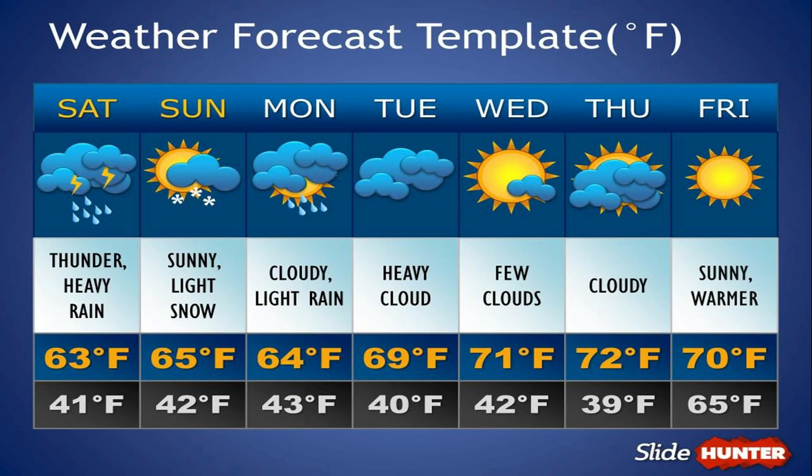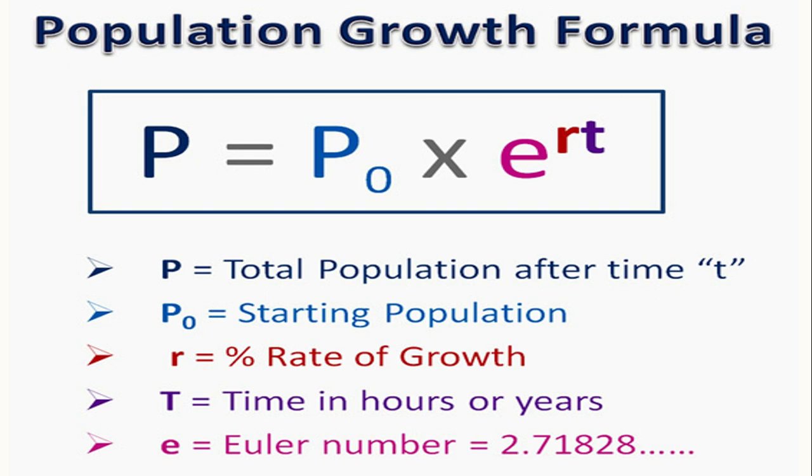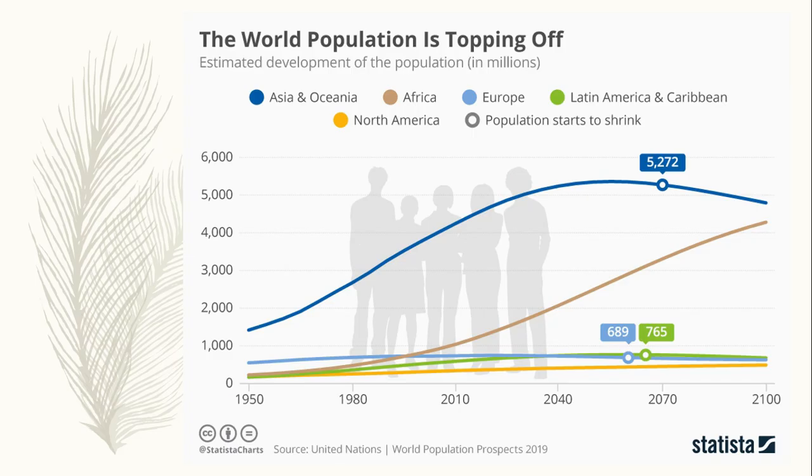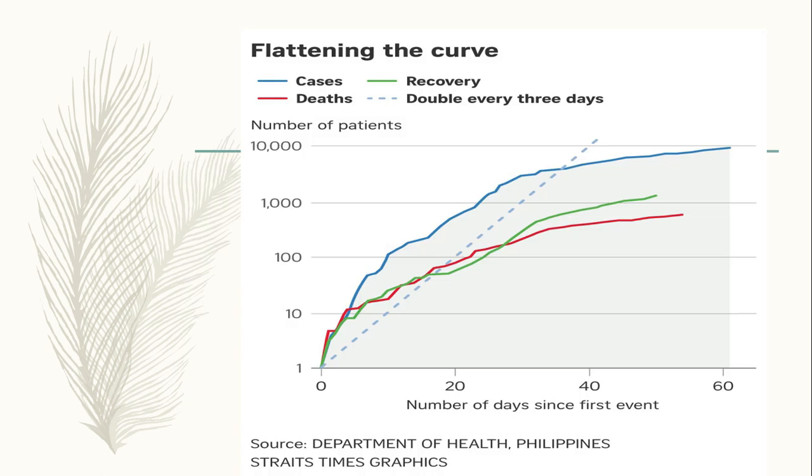Or have you become curious how weather forecasters and analysts make weather reports? Have you heard statisticians making predictions of population? Or doctors or researchers predicting the number of COVID cases given a span of time?